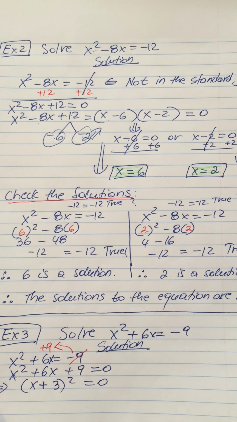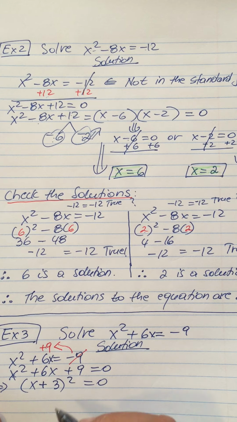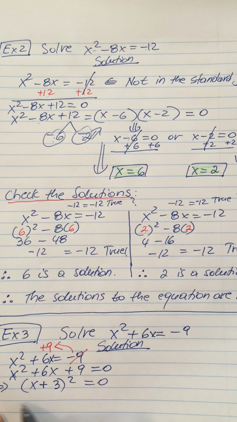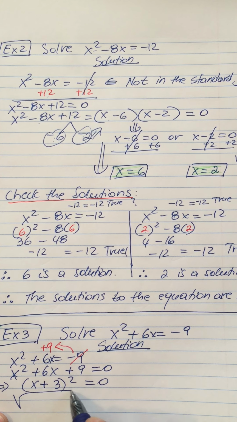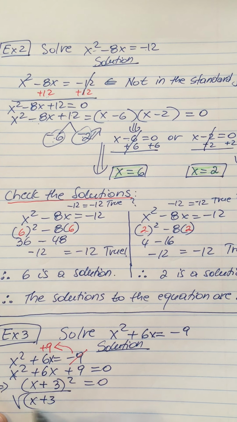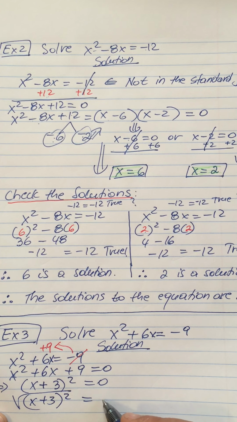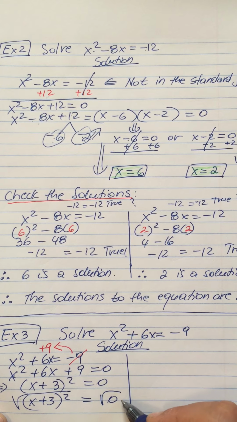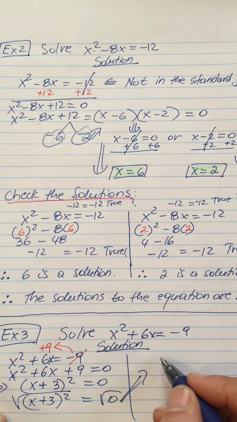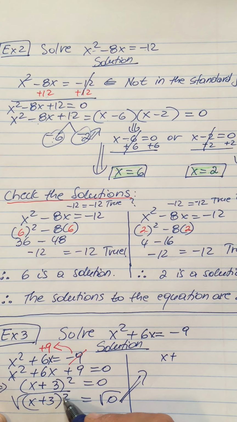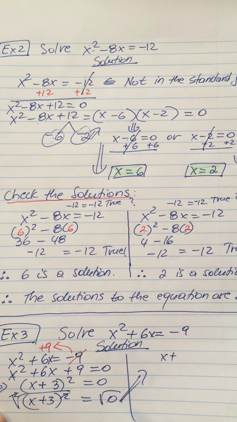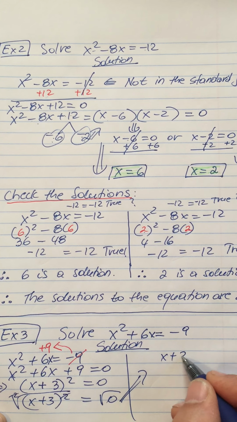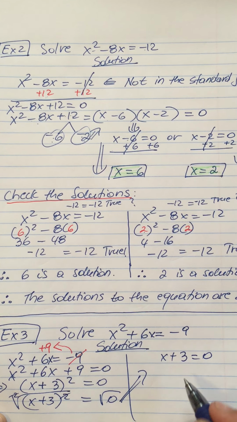Okay? So now I can take the square root of both sides. And when I take the square root, let me take the square root of both sides. And now what I have, x plus 3, because the 2 here, they simplify. I have x plus 3 equal to 0.